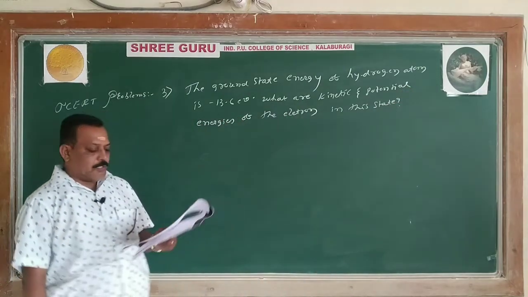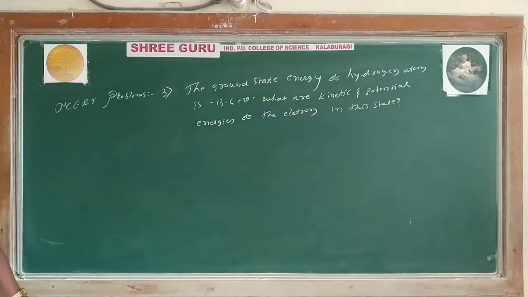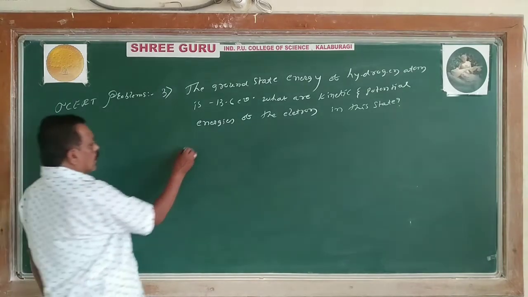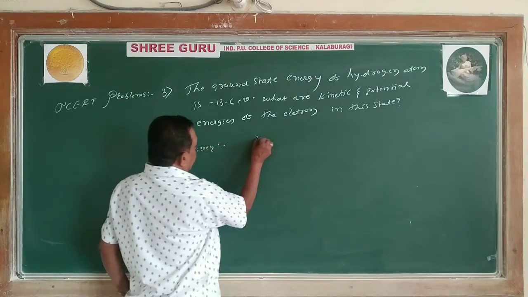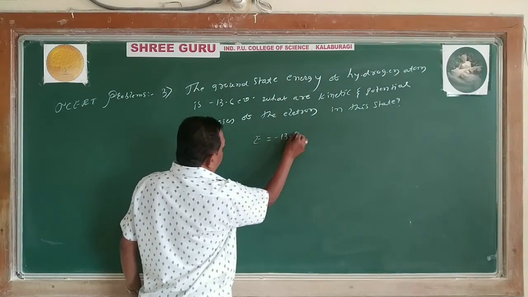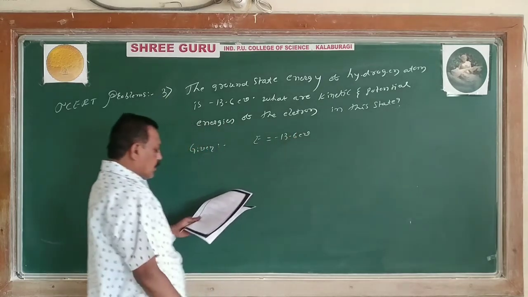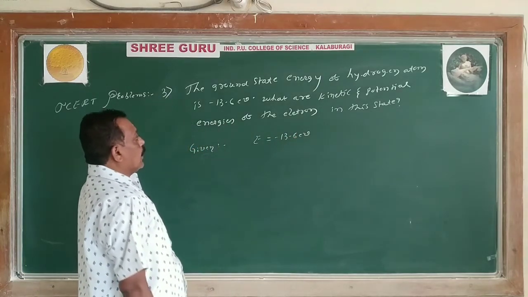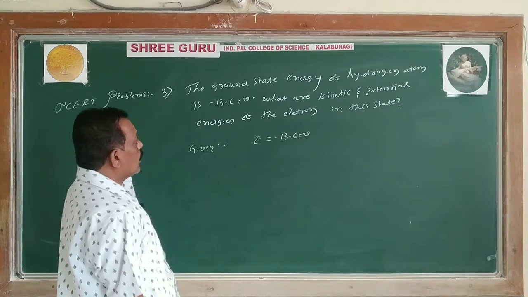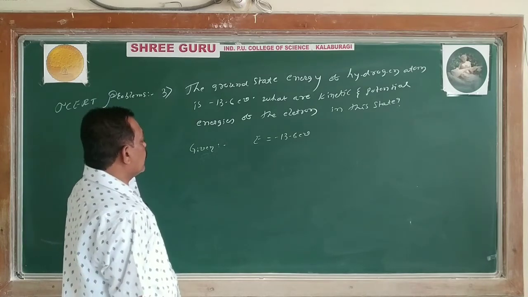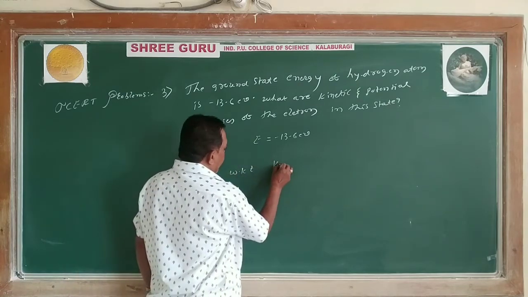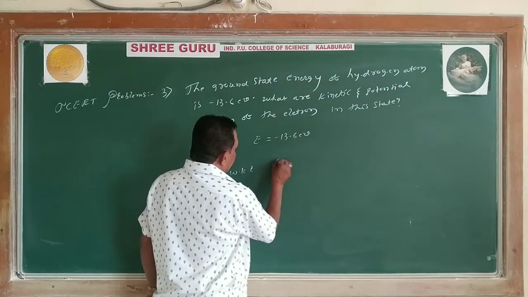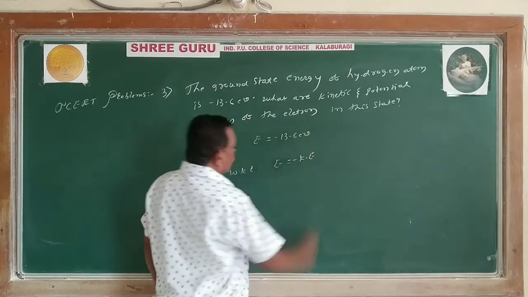Already आपको हिंट दे सो है. The first orbital energy, that is nothing but ground state energy, is given. Ground state energy E equals minus 13.6 electron volt. Right? Then what are the potential and kinetic energy? We know that total energy E equals minus kinetic energy.